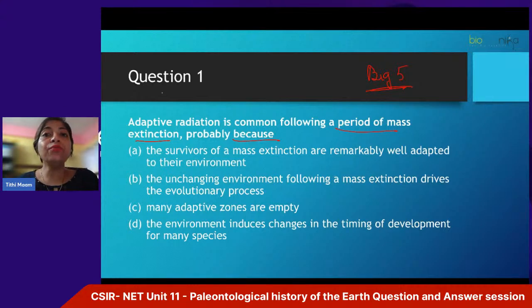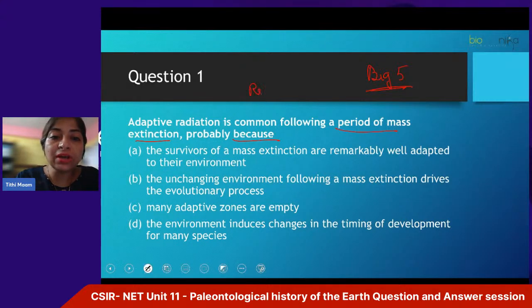And why has that happened? The major reason is that in a mass extinction, a large number of species have died. So when they have died, there has been empty habitat. The dying of the competitive species has reduced the competition for the surviving species.